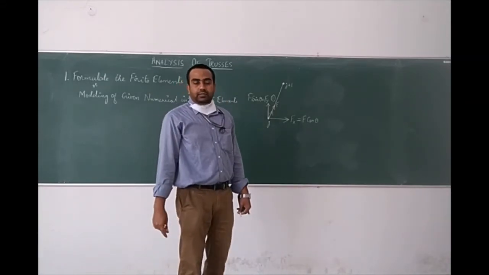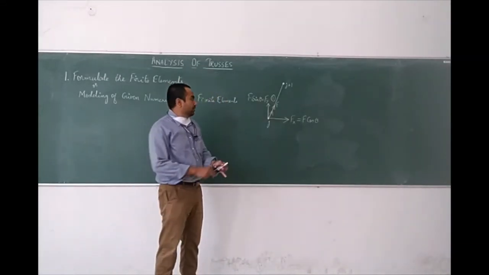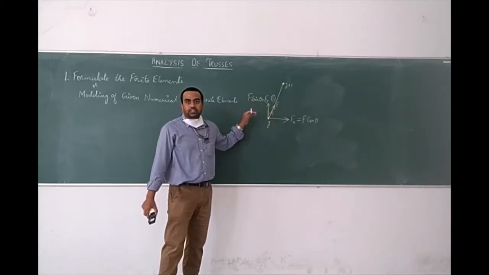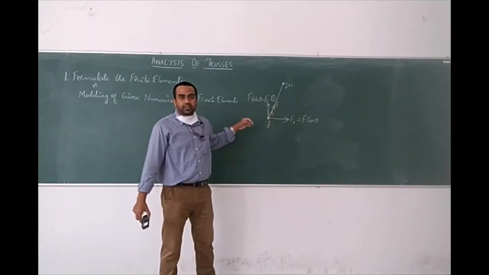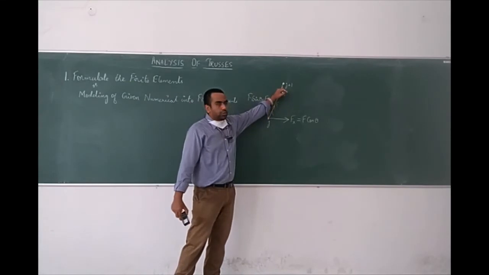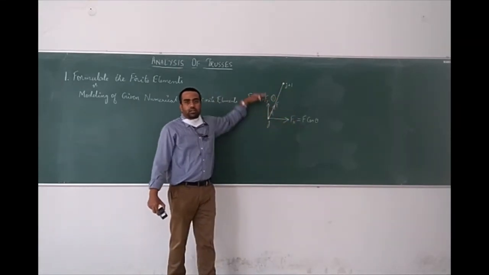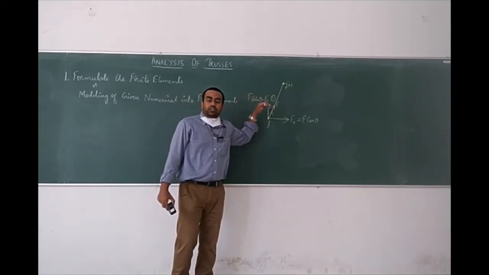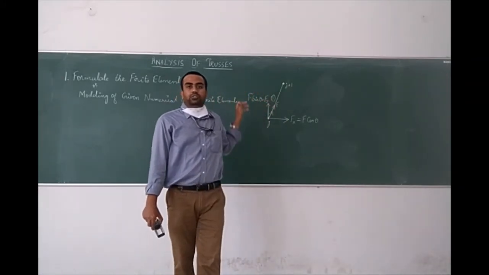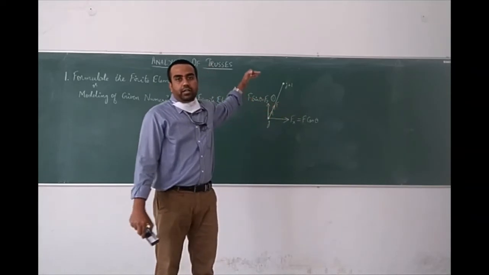Why are we calculating this? We will be calculating the degrees of freedom or the displacement of node 1 and node 2, or J and J plus 1, along the x direction and along the y direction. Hence, in order to do that, we try to determine the components of forces along the x direction and y direction.